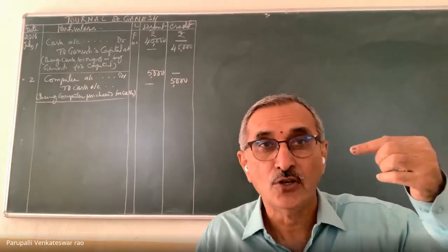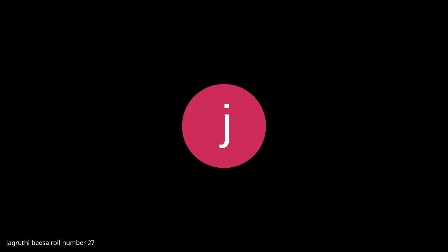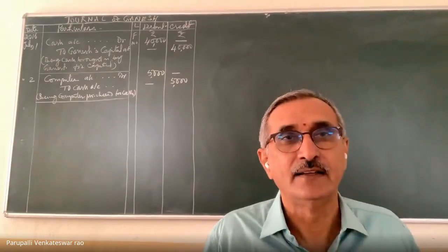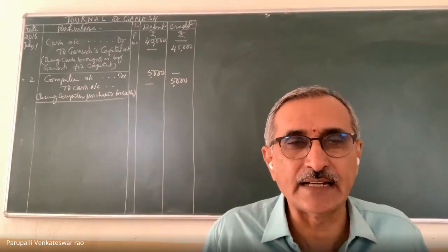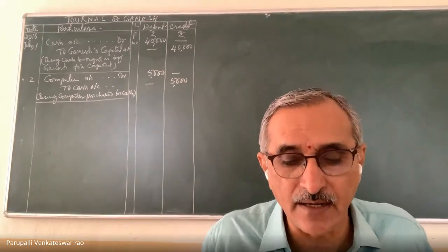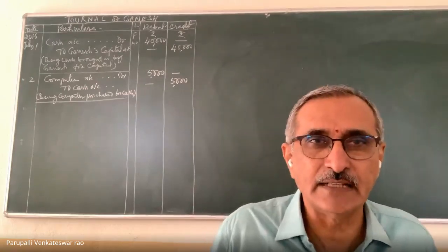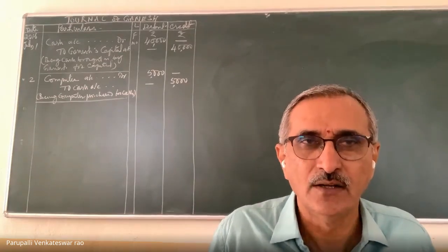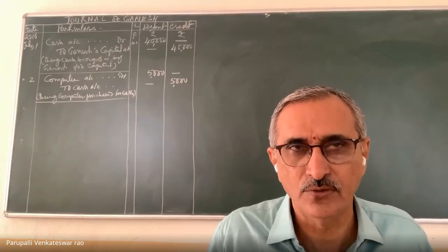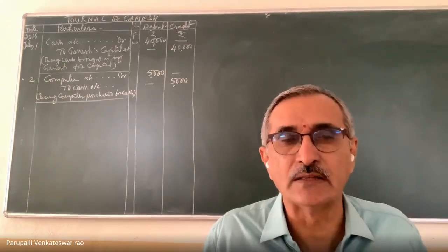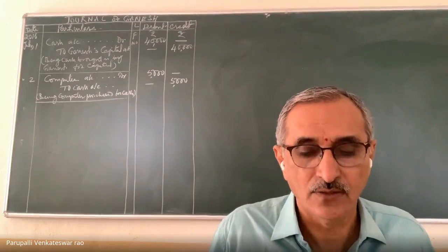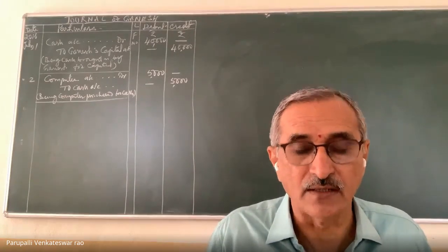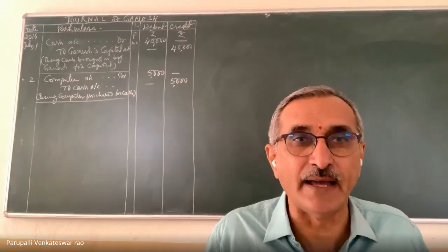Which goods? Sold goods are coming back. So, sales returns. Sales returns account debtor 1,000 to Ramesh account 1,000. Being goods returned by Ramesh.